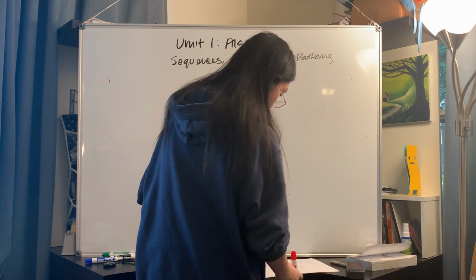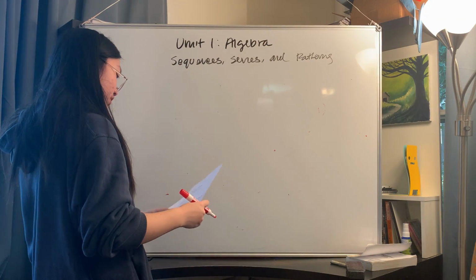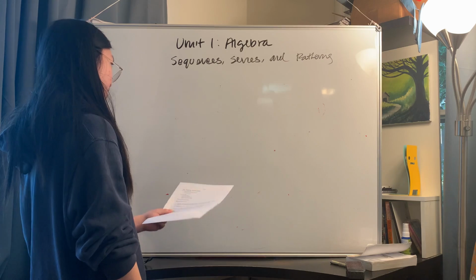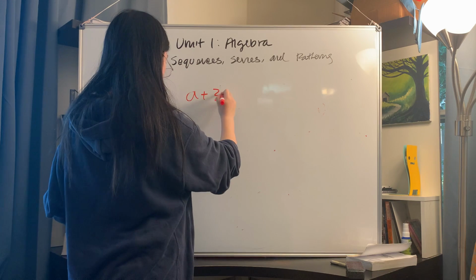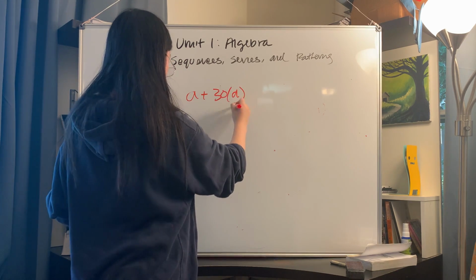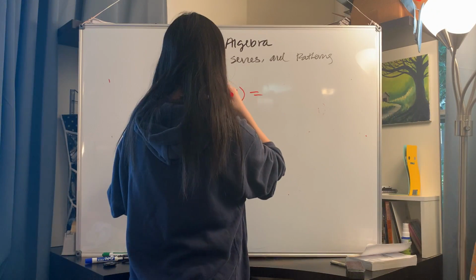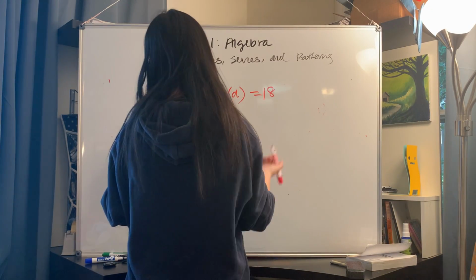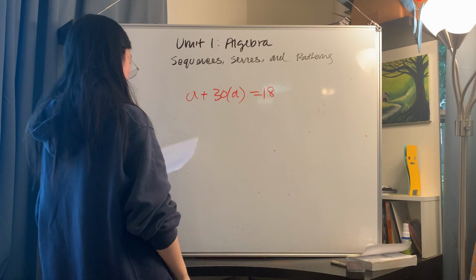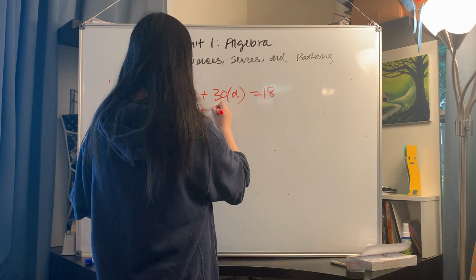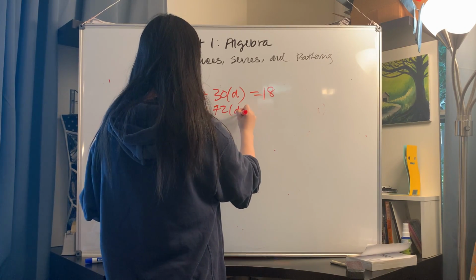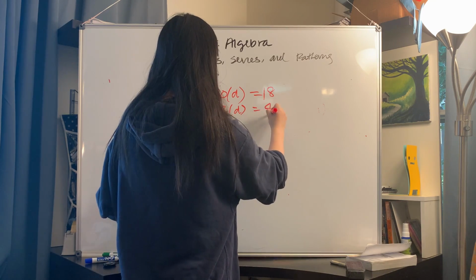Well, the 31st term is 18, which means that a plus 30 times the common difference is equal to 18. And the 73rd term is 46, which means a plus 72 times d is equal to 46.